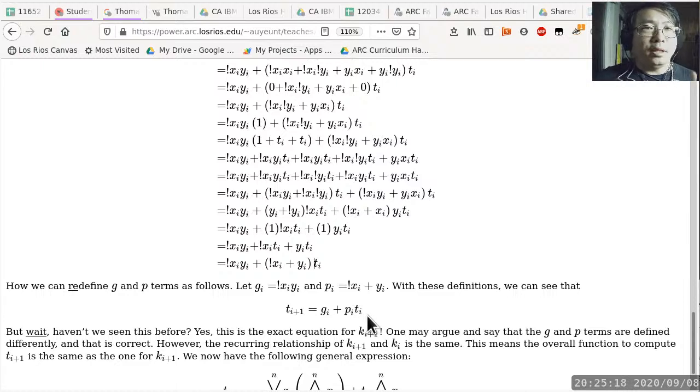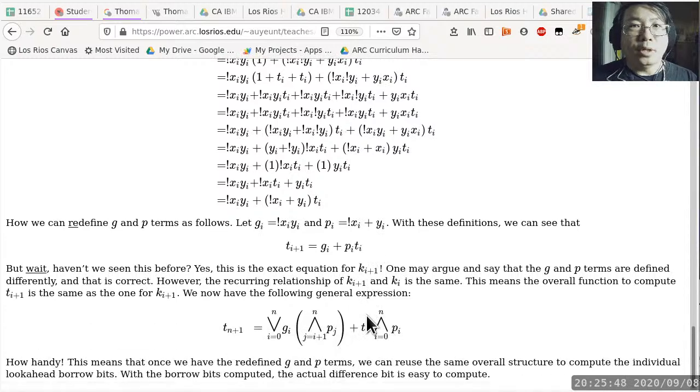Hey, we have seen this before, haven't we? Not exactly this using t, but something like this using k, when we talked about carry look ahead. Somewhere in that discussion, we have k of i plus 1 equal to g of i or p of i, k of i. This has exactly the same structure.